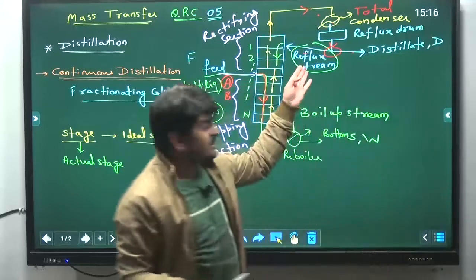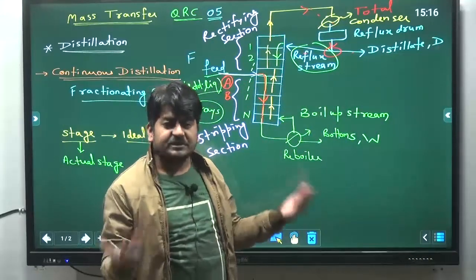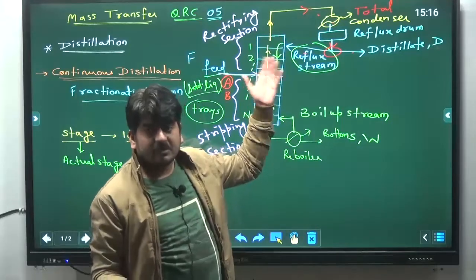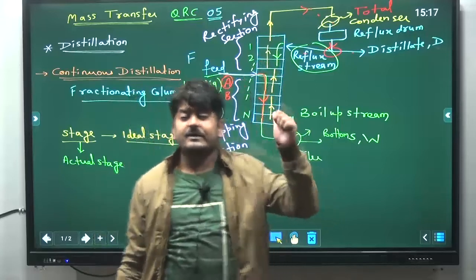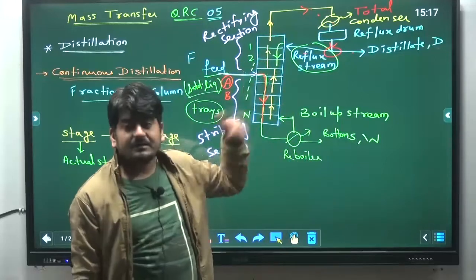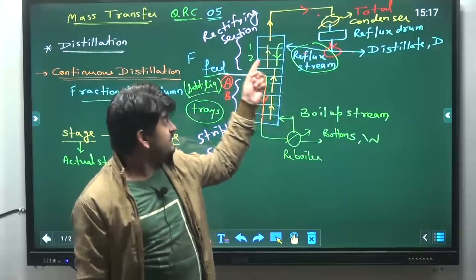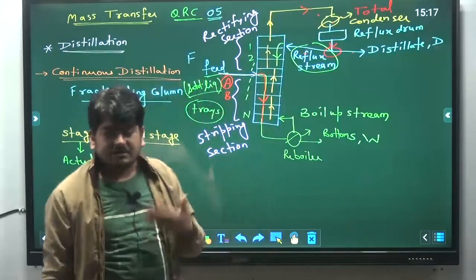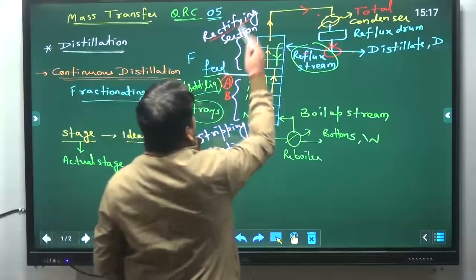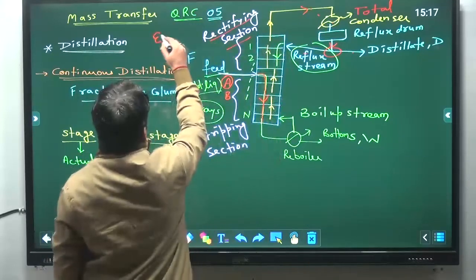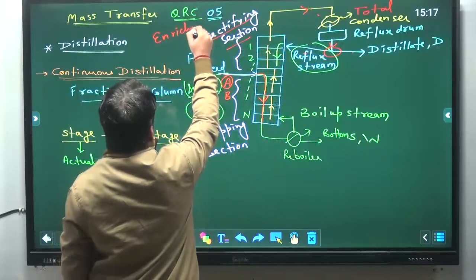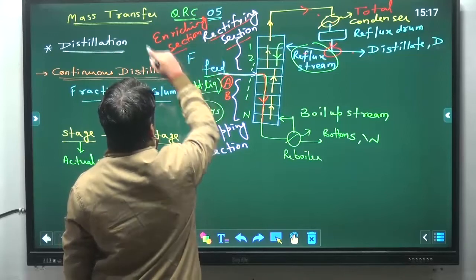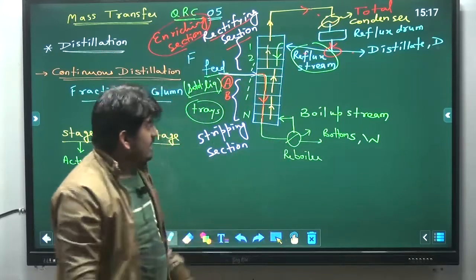So this liquid stream has a large amount of A, so obviously it will transfer a large amount of A to these vapor streams. The concentration of A in the vapor stream is increasing, so the vapors are getting enriched in A. That's why this is called the rectifying section, also known as the enriching section. The same process is taking place, but the names are different.